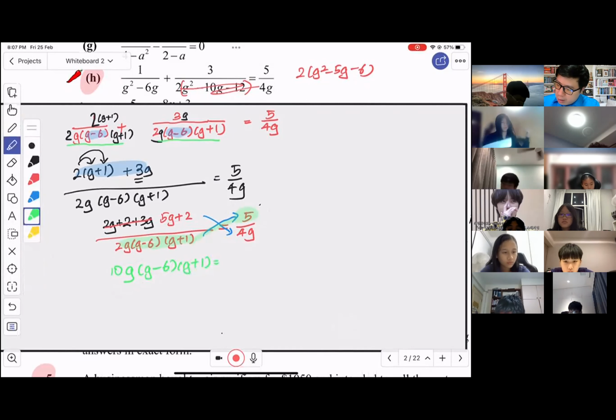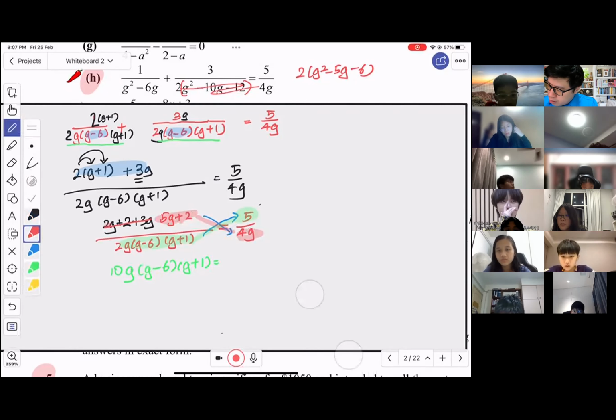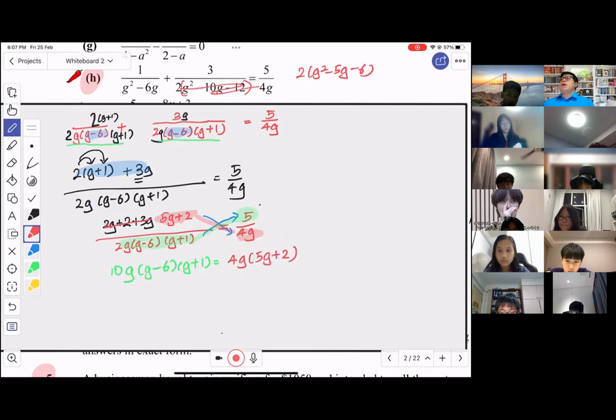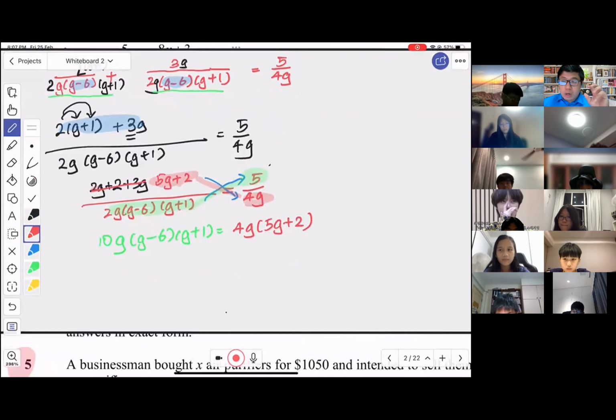Using red, this multiplied by this gives 4g multiplied by (5g plus 2). From here, it is still quite intense, so we try to cancel out some common factors. One common factor is g. G can cancel off on both sides.